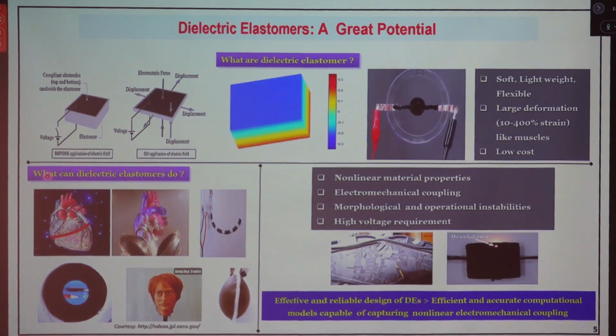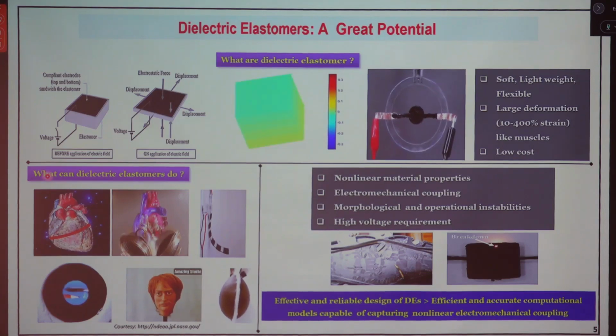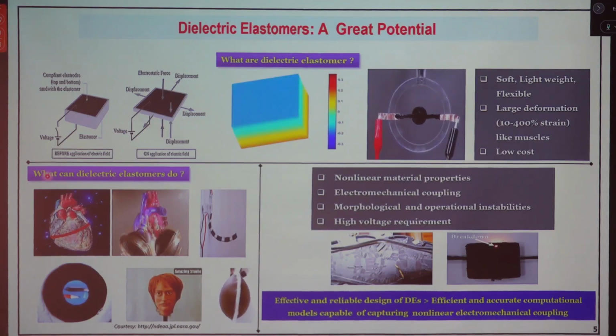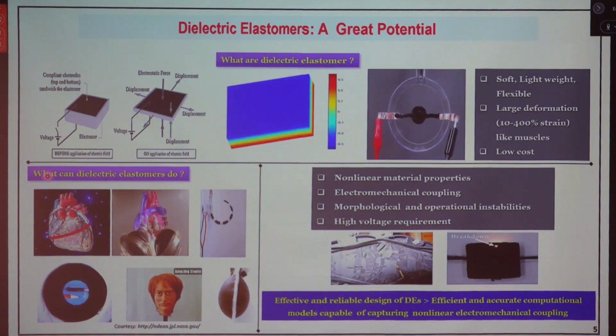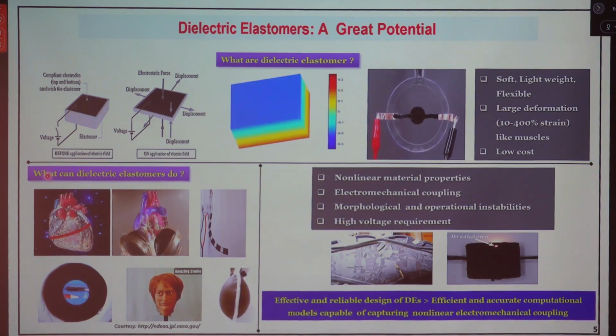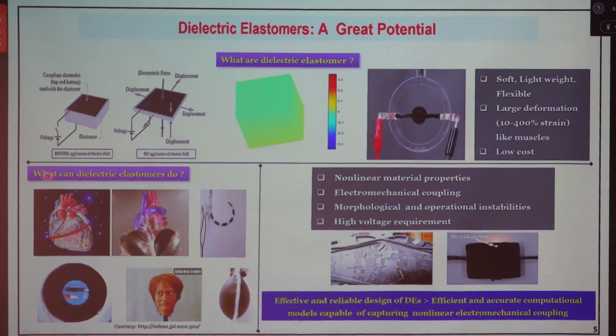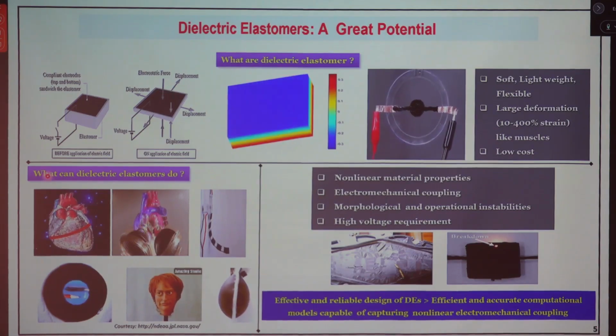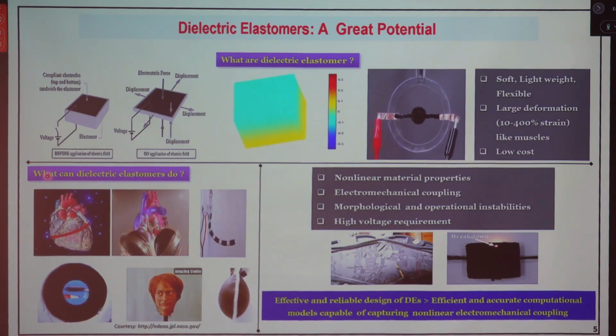I hope you have heard about different types of non-linearity: material non-linearity, geometrical non-linearity, boundary non-linearity. The concern is that this dielectric membrane that we are considering exhibits very strong material non-linearity. Now you should ask, what is the cause of this material non-linearity?